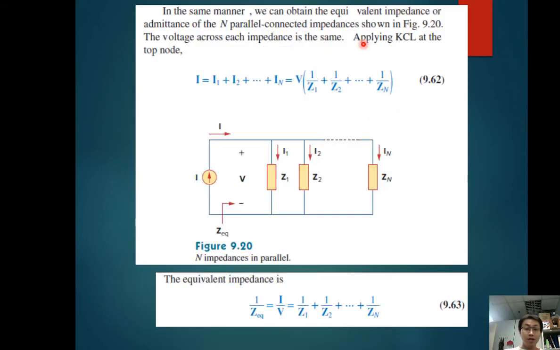In the same manner, if the impedances are connected in parallel, same as we previously talked about in current Kirchhoff law, we want to find the Z equivalent. Actually, 1 over Z equivalent equals 1 over Z1 plus 1 over Z2 plus 1 over Zn.